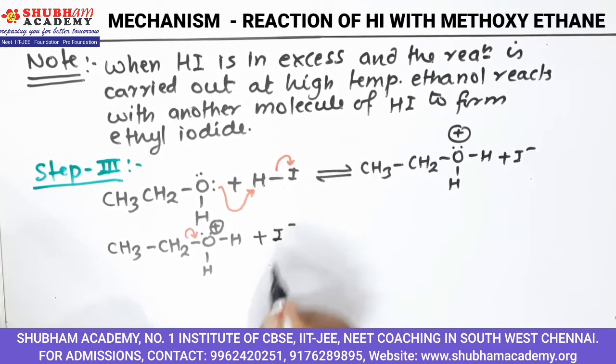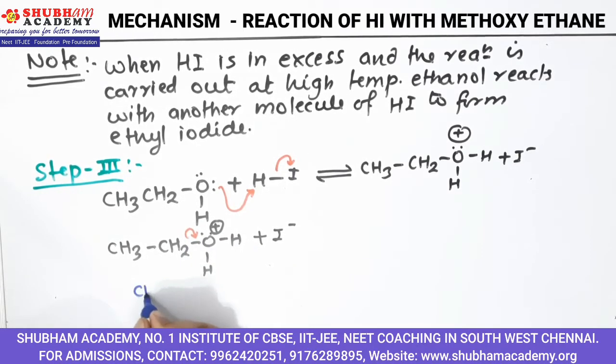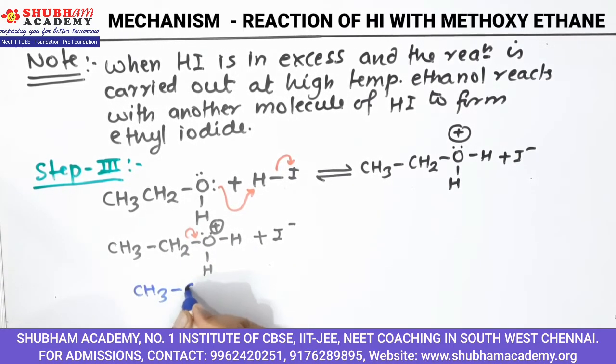Then this I minus, what will it do? See here, when this bond is broken, what do you get? CH3, CH2 and here a positive charge, right? You will get a carbocation.